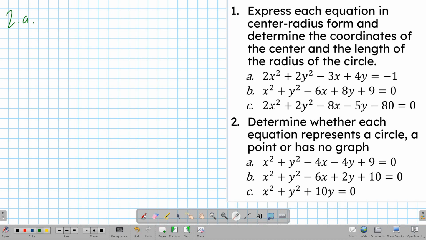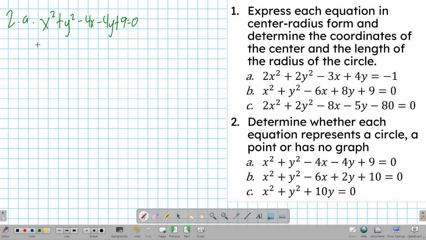Okay, so for 2a, we're asked to determine whether x squared plus y squared minus 4x minus 4y plus 9 equals 0 represents a circle, a point, or doesn't have a graph. So we're focused on the radius only. Let's find the length of the radius.